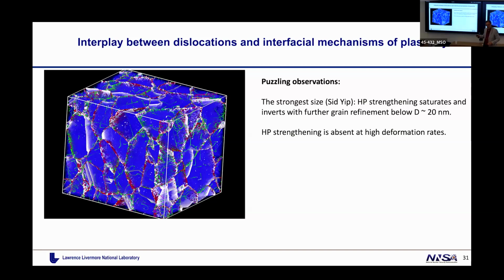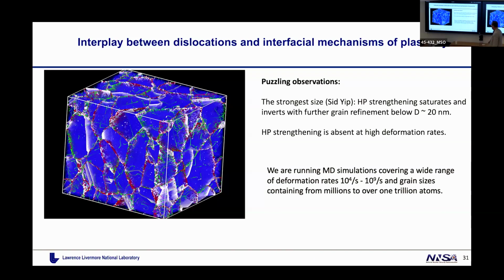Some people question whether this turnover from the direct to the inverse Hall-Petch effect is actually real. There was also a paper published a few, maybe 10, years ago, which shows that there is no Hall-Petch strengthening at high strain rate deformation, which is very relevant for the kind of research I do. So in order to sort out these interesting observations, not yet reconciled, we engaged in very large simulations, where rather than a single crystal you have a bunch of them organized as grains.